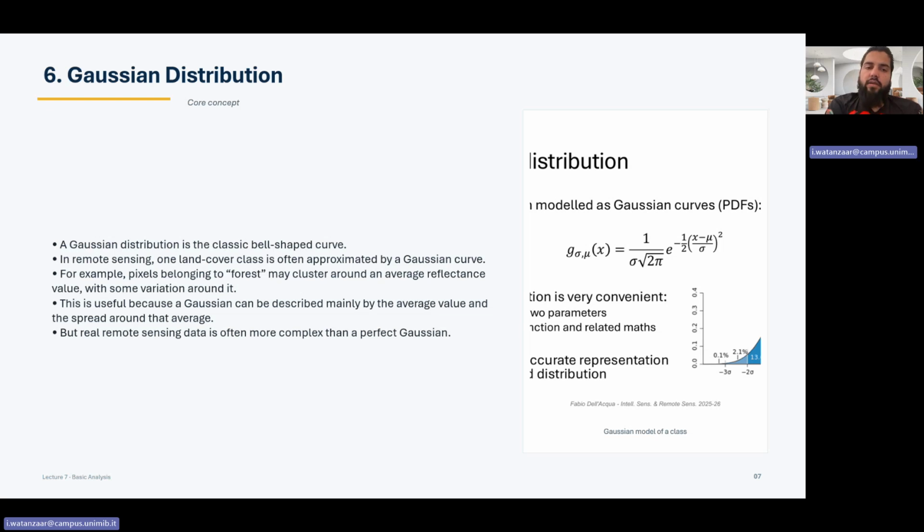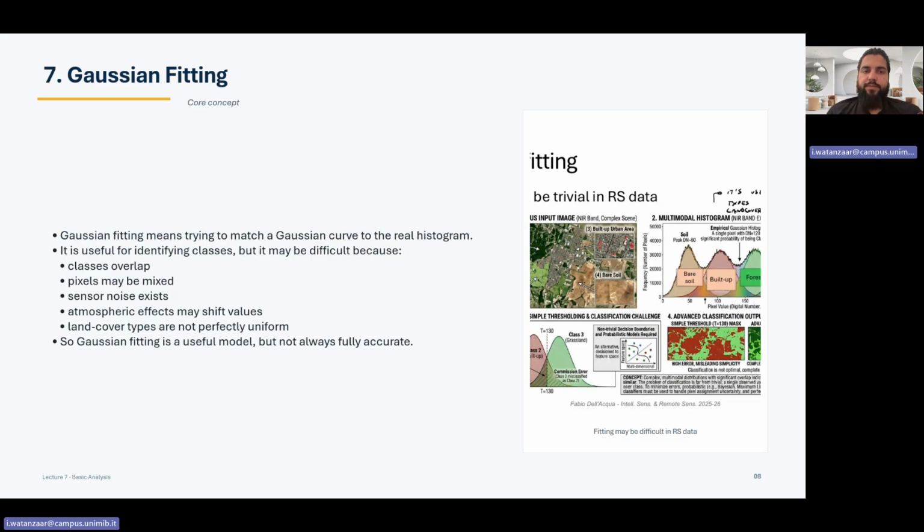But real remote sensing data is often more complex than a perfect Gaussian. This is what we are discussing in Gaussian fitting: we try to match a Gaussian curve to a real histogram, because the real histogram describes the distribution of pixels.